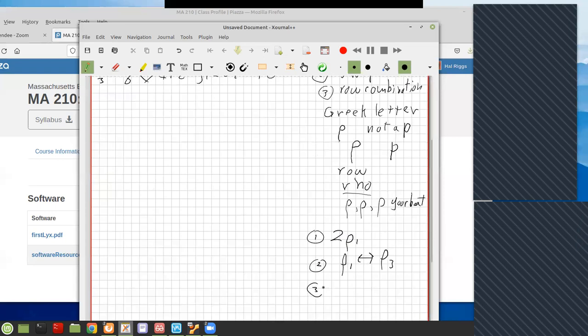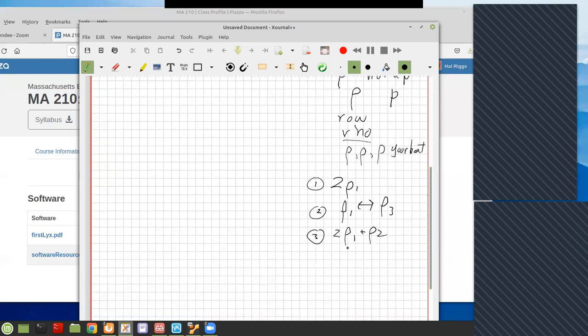Our third one is, let's say we wanted to add 2 times row 1 plus row 2. Okay, I always have to write the one I'm going to modify second. And so this instruction is multiply row 1 by 2 and add it to row 2.